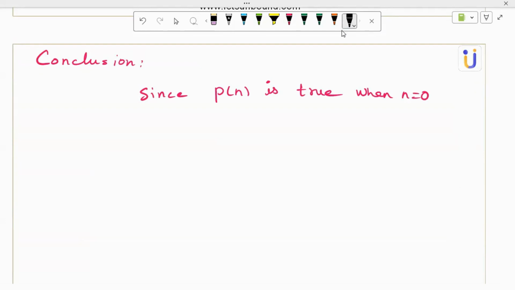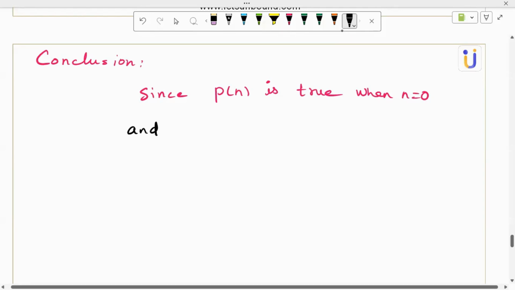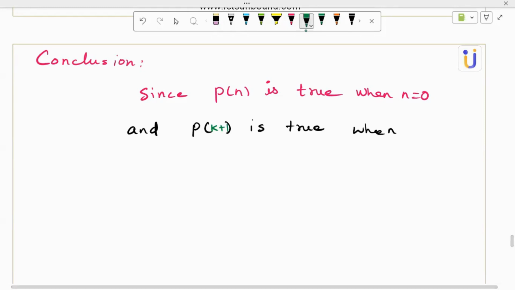So since first it's working, the main thing we did is the assumption. P of (k plus 1) is true, with the help of P of k being true, we have proved.